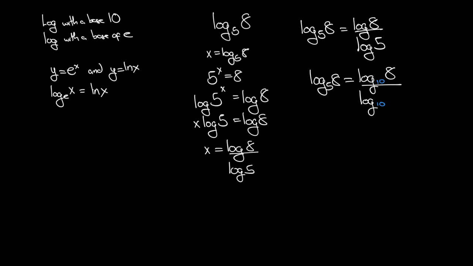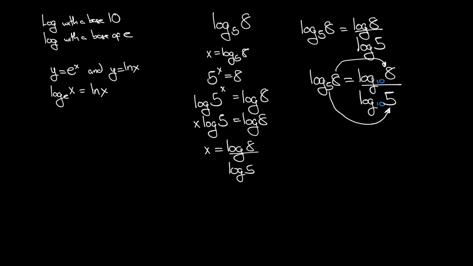Make note of where the numbers went. The smaller one is in the denominator, the bigger one is in the numerator, and now they have a common base. If you do this on your calculator, log 8 divided by log 5, you end up with about, rounded to the third sig fig, 1.29.